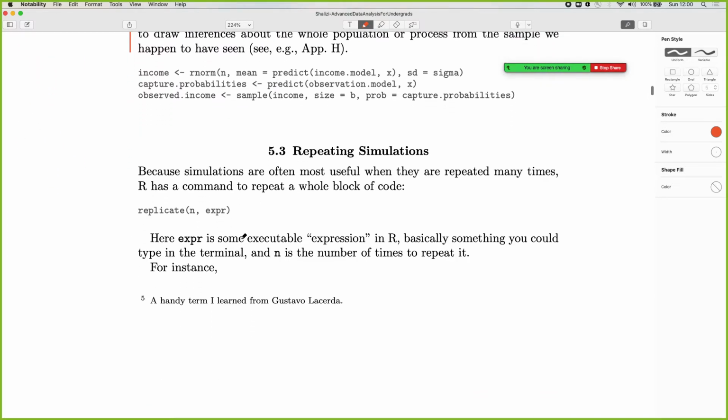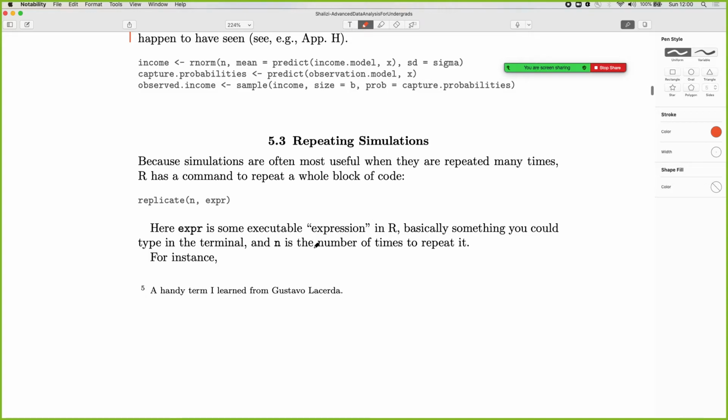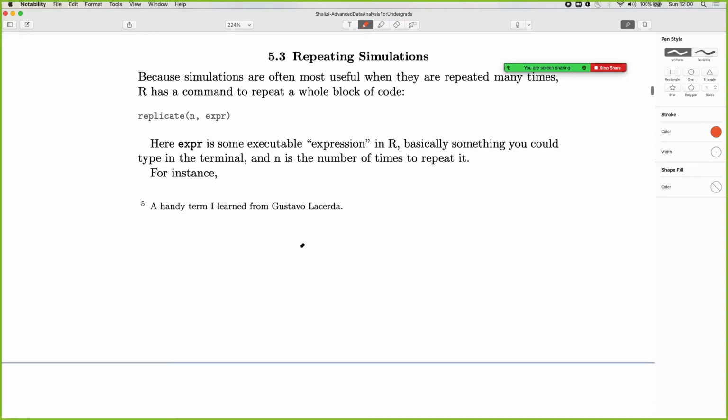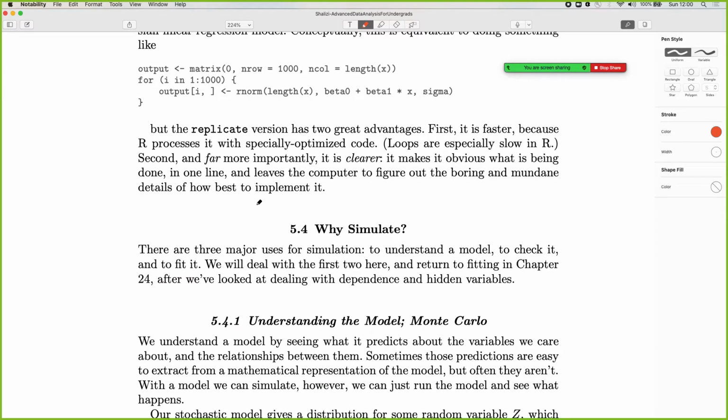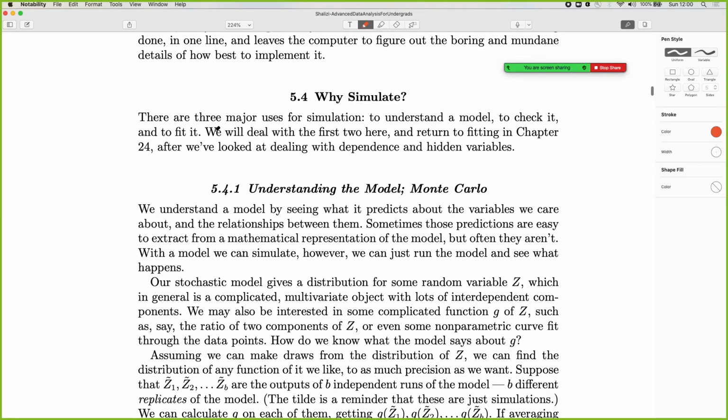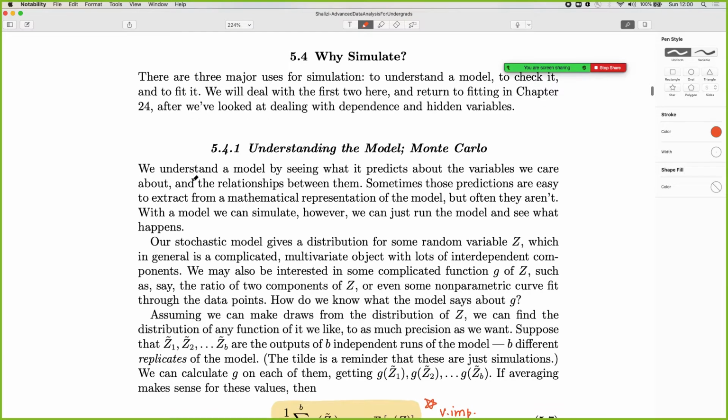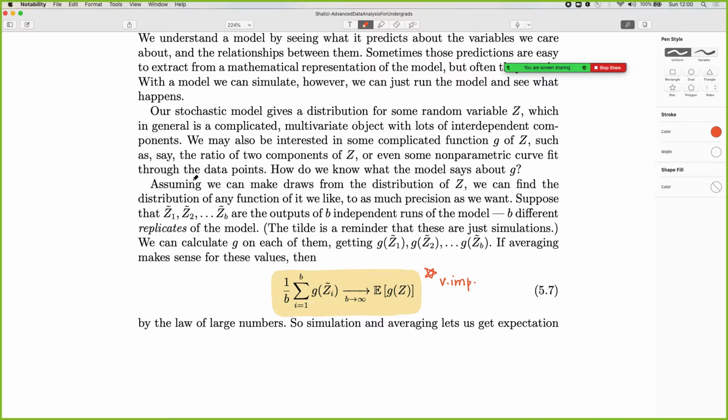And repeating simulations, again he explains code related nuances. I don't think there is anything very critical here. Monte Carlo simulations are important, and it relates to the central limit theorem.